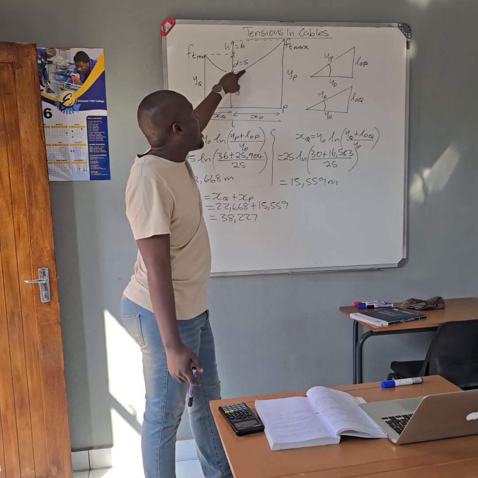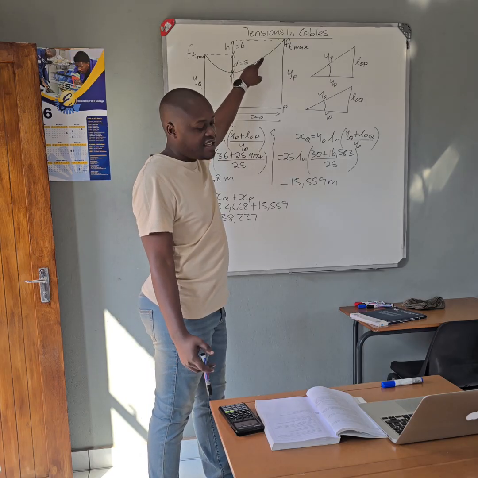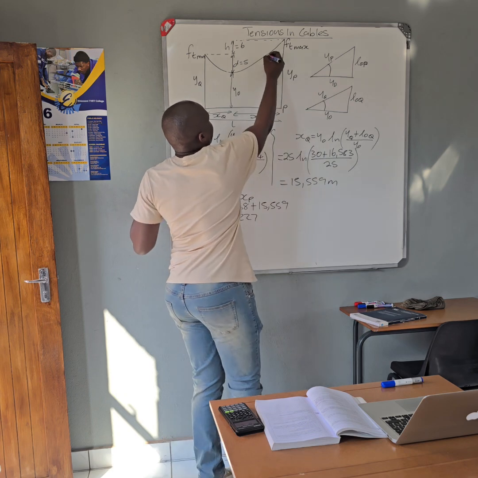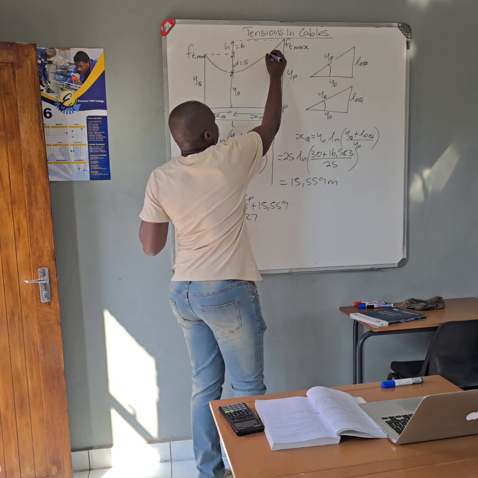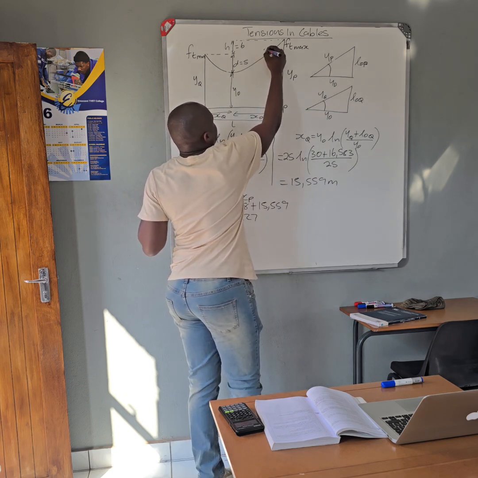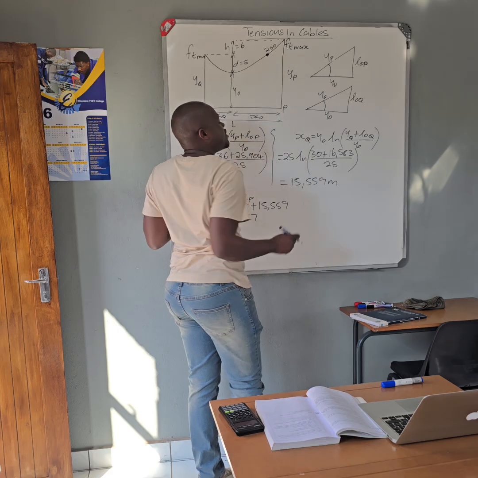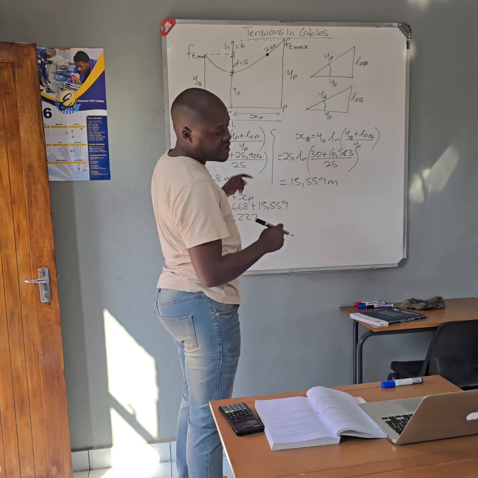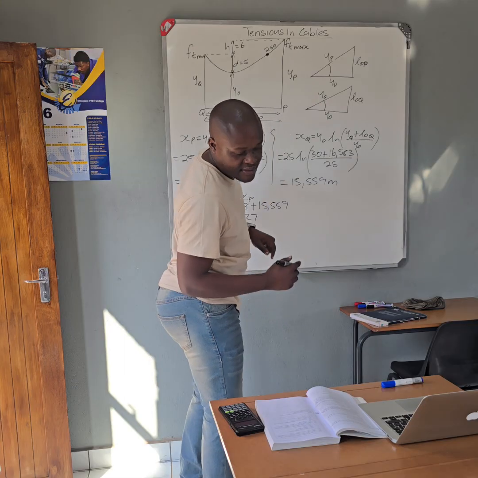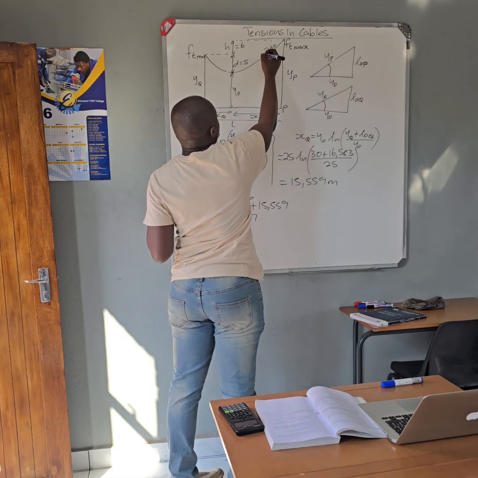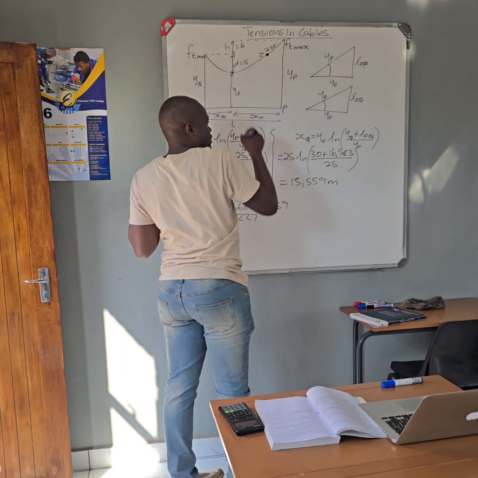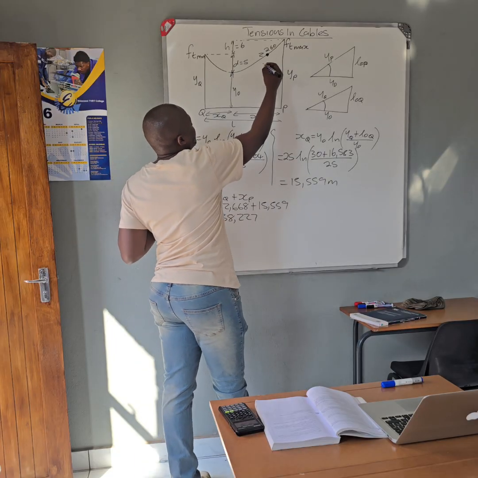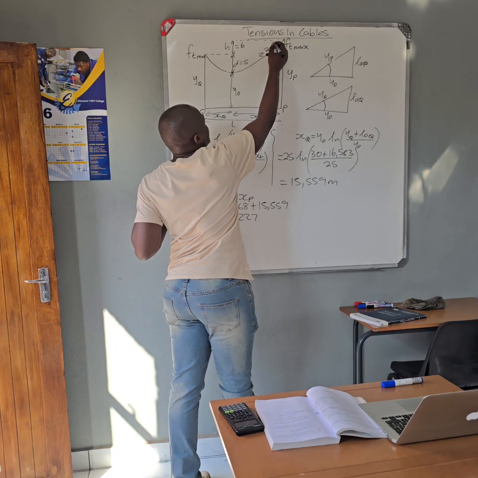As I go up, the tension increases. So at some point along the cable the tension is going to reach 260. Let's call this point Z for Zulu. So there at point Z, the tension is 260.